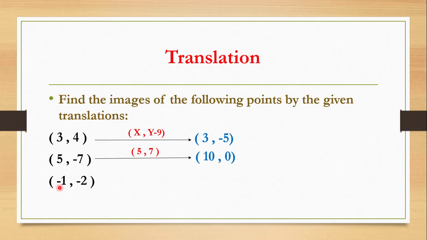The last point here is (-1, -2). The translation is (-2, -3). So negative 1 plus negative 2 is negative 3. Negative 2 plus negative 3 is negative 5. So we have (-3, -5). Don't forget, the first coordinate is x and the second one is y.